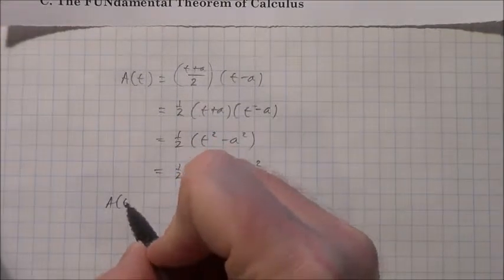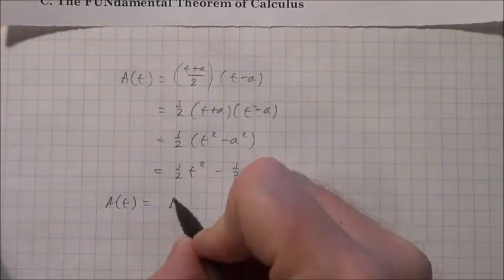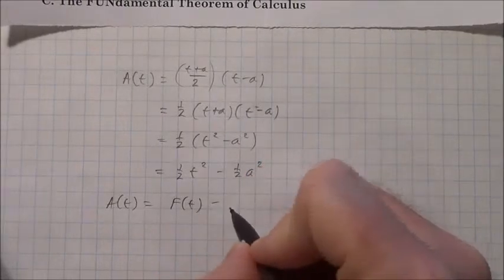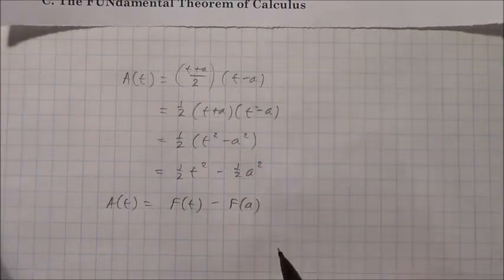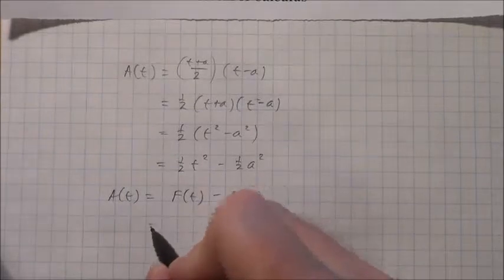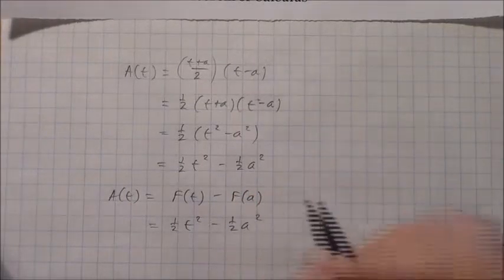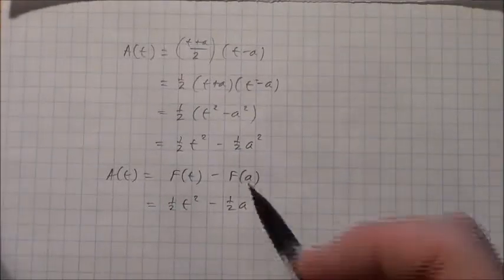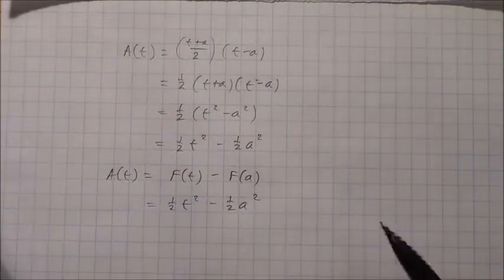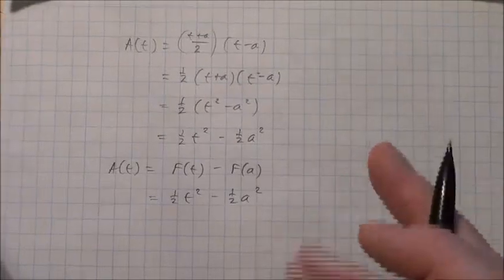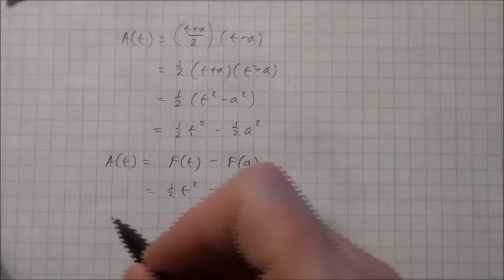So A of t, being written as uppercase F of t minus uppercase F of a, is actually 1/2 t squared minus 1/2 a squared. And a is just a constant that we had discovered, or we had set x to be equal before.